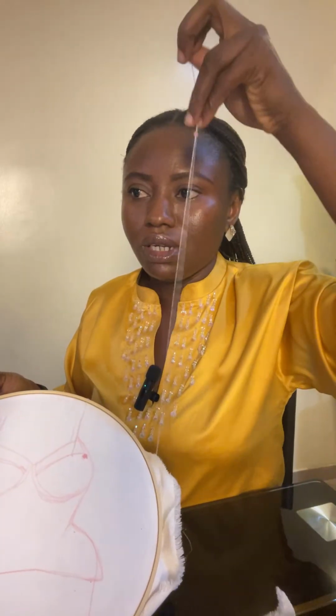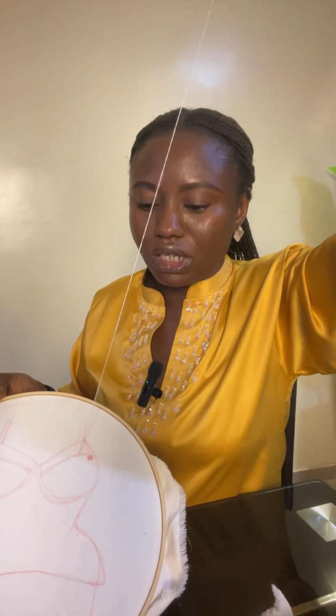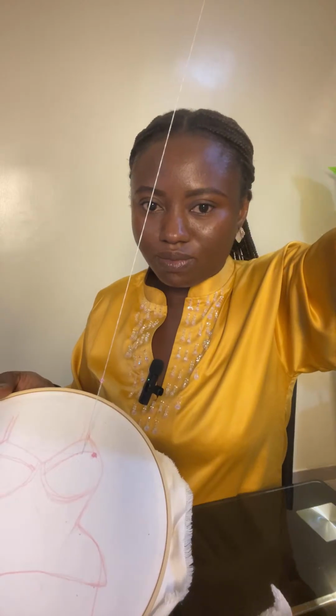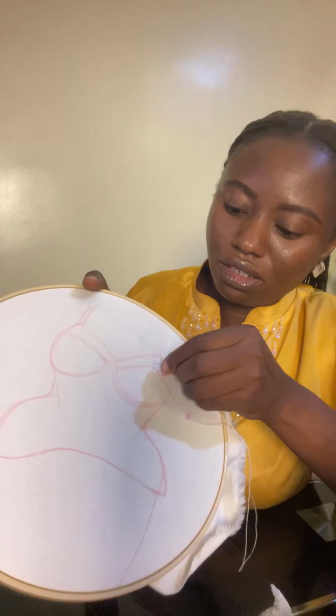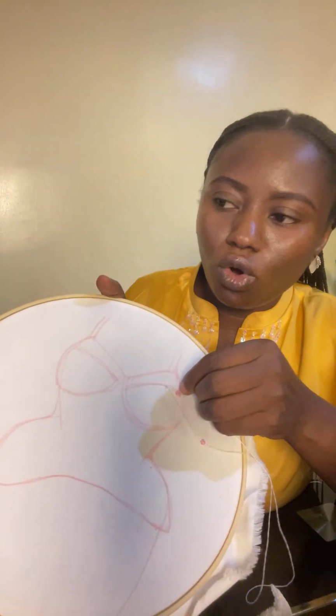Okay, now pick another bead and then you stitch it down just the same way. I've picked another bead now. Bring it down the thread. Now look at the spacing that the beads can cover.